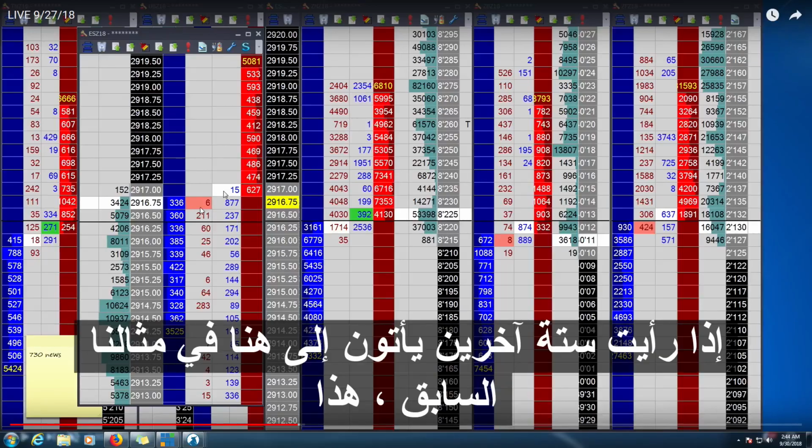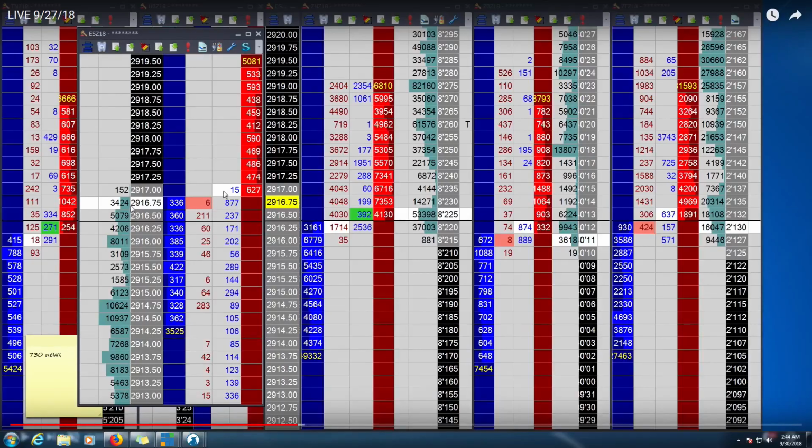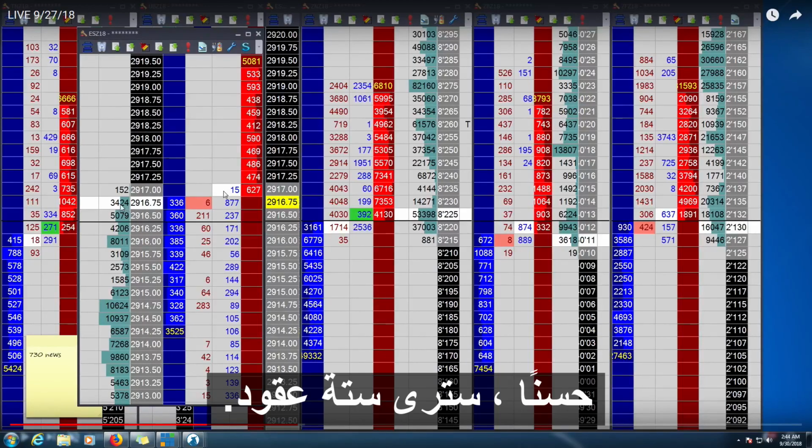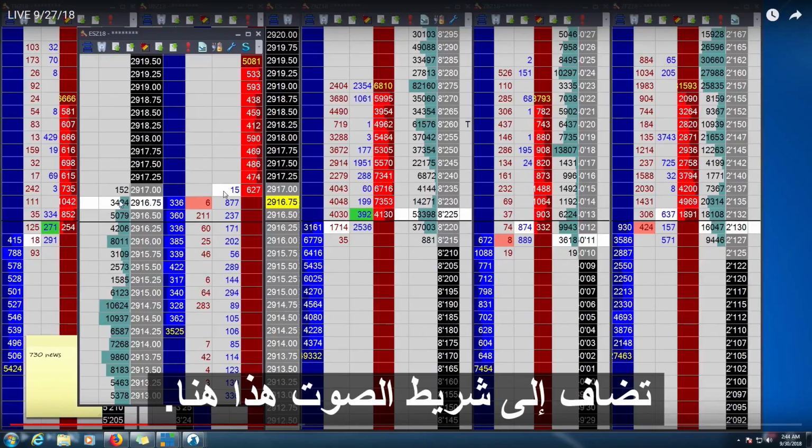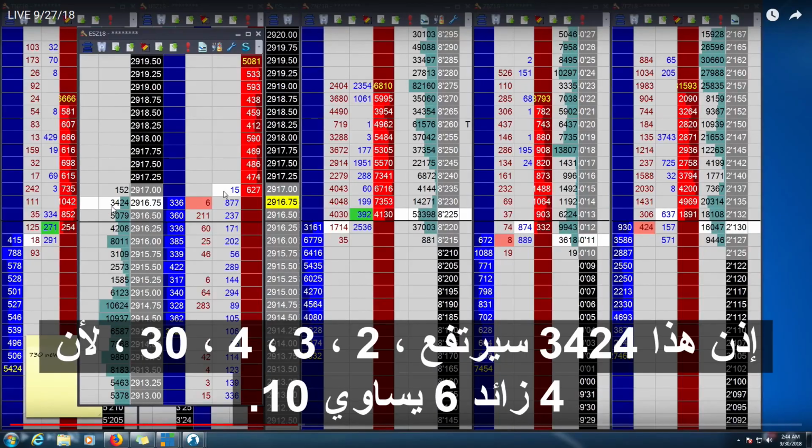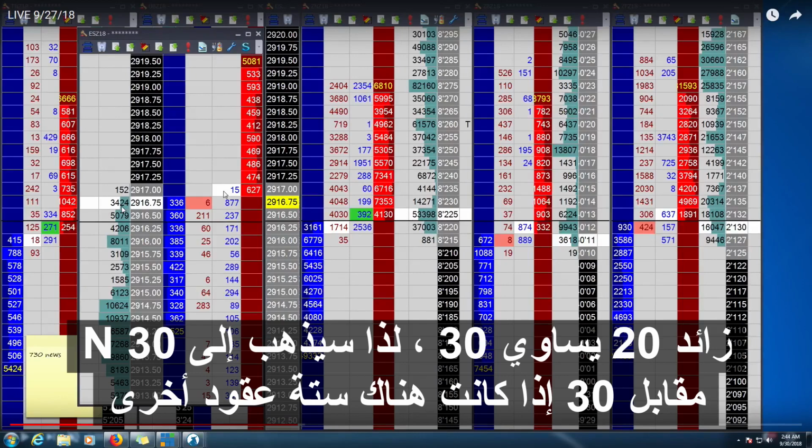If you see another 6 come in here, on our previous example, this would go up to 12. You would see 6 contracts added to this volume bar, so this 3,424 would go up to 3,430, because 4 plus 6 is 10, 10 plus 20 is 30.